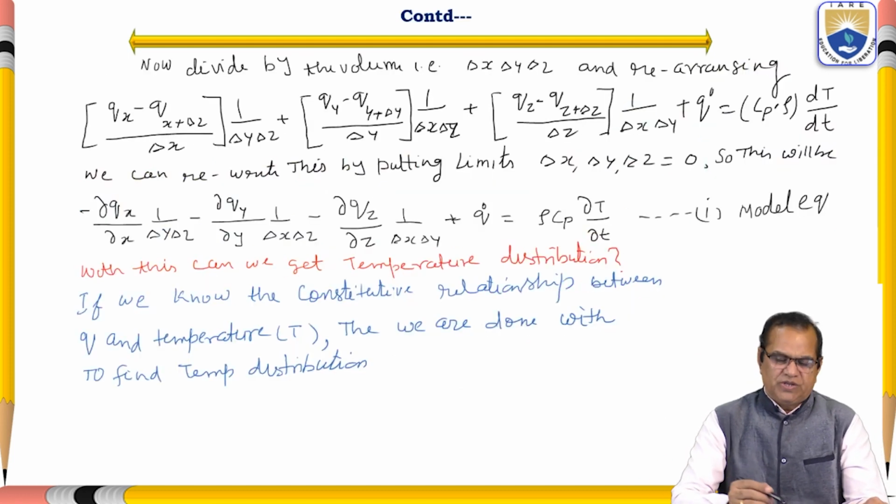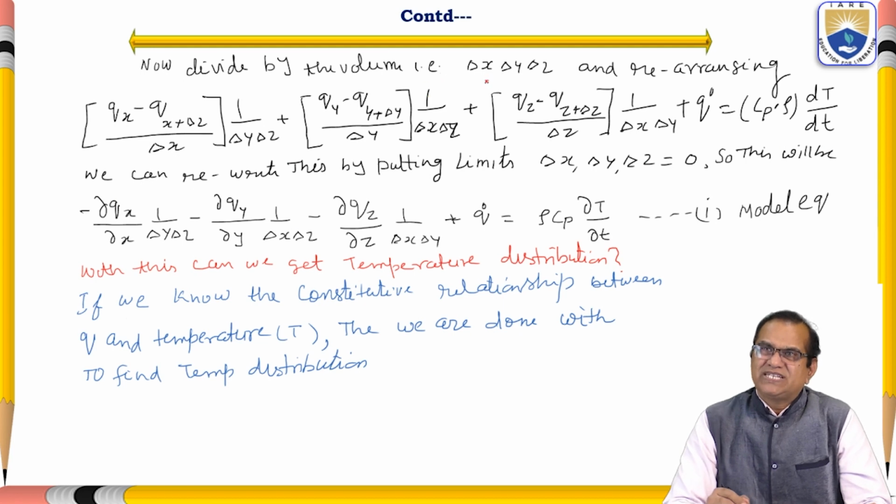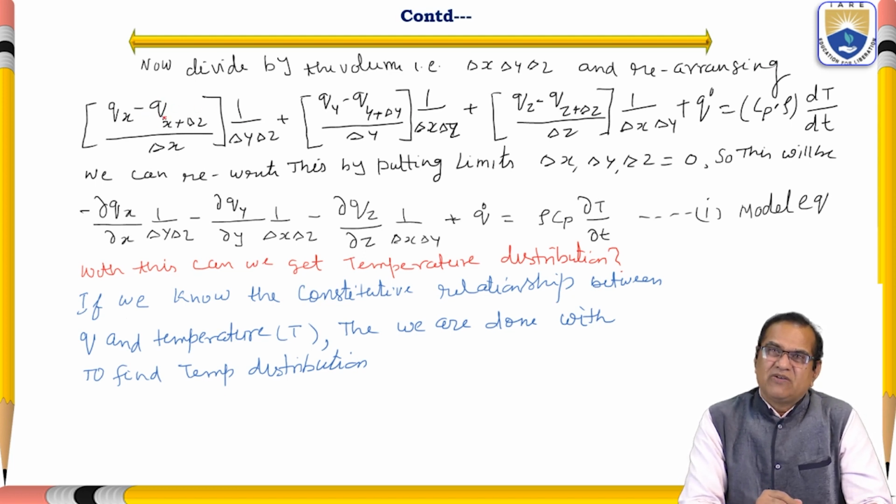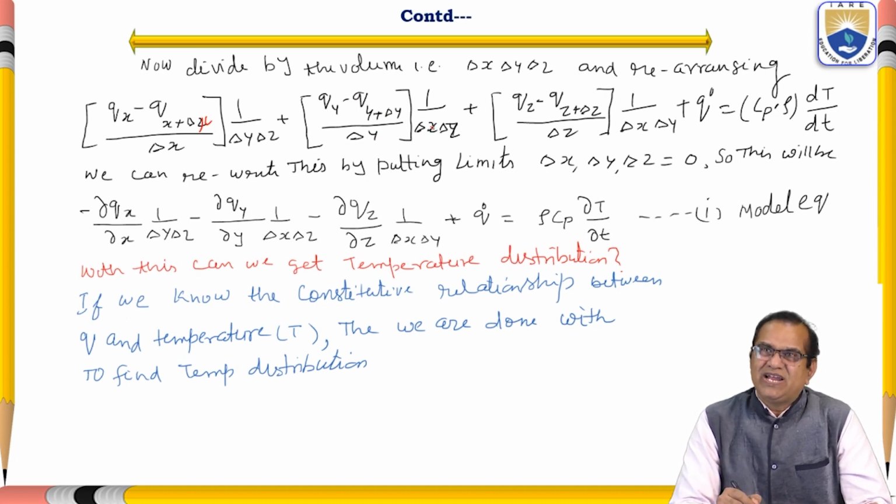Now we will divide by the volume, that is delta x, delta y, delta z, and rearrange this. All the Qx terms we will keep in one place: Qx minus Qx plus delta x, divided by delta x, delta y, delta z, plus Qy minus Qy plus delta y, and Qz minus Qz plus delta z, divided by the volume.